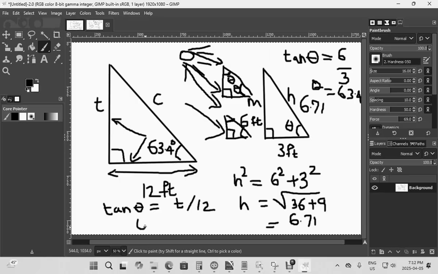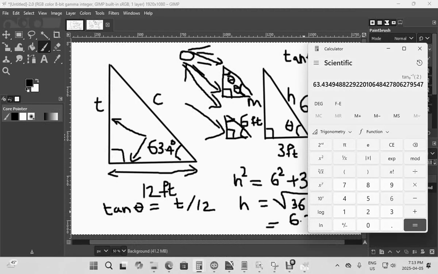So theta will be the inverse tangent of t over 12. However, we've been given theta. So our theta is 63.4.